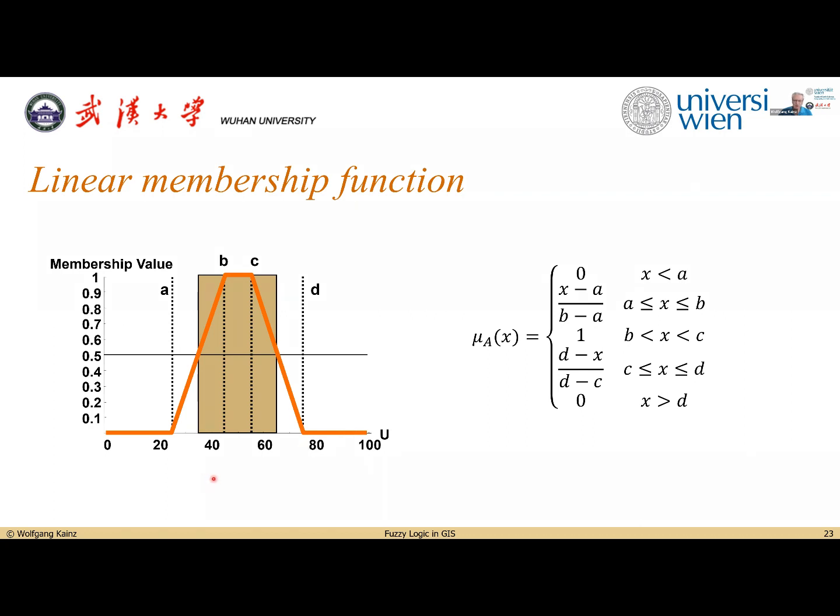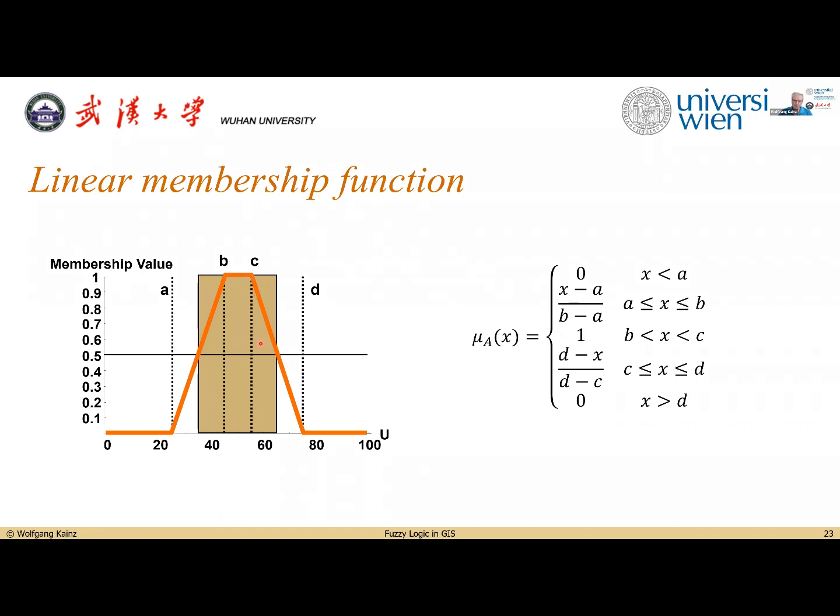So this is the most general form of linear membership function, and on the right-hand side you see the mathematical expression using the 4 parameters a, b, c, and d. So once again, for every value less than a, the membership degree is 0. For every value between a and b, the membership value is x minus a divided by b minus a. B minus a is exactly the difference here between these two parameters. Then between b and c, that is this part here, the membership degree is 1.